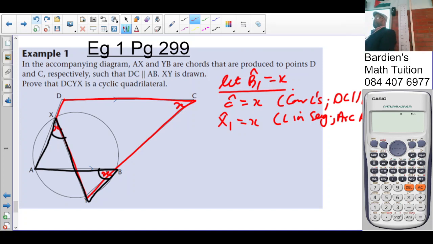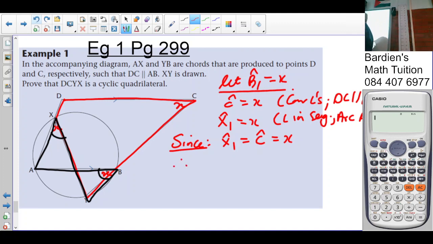Now take note of how I conclude this. Since I'm going with the exterior angle of the cyclic quad equals the interior opposite, I need to state the obvious first. So I say since x1 is equal to angle C, which is equal to x.